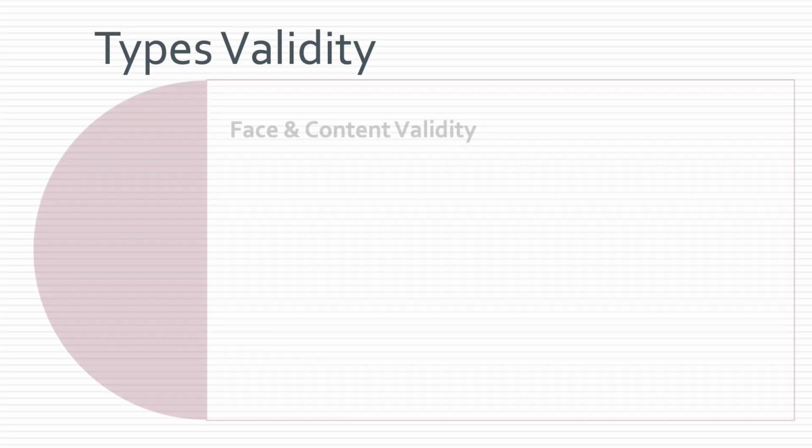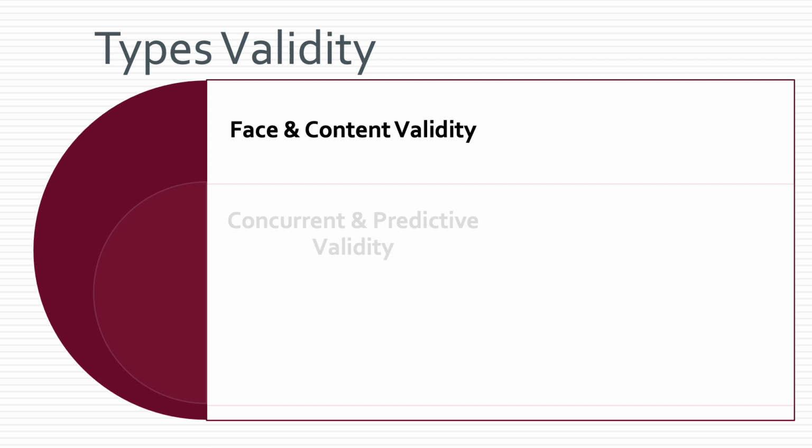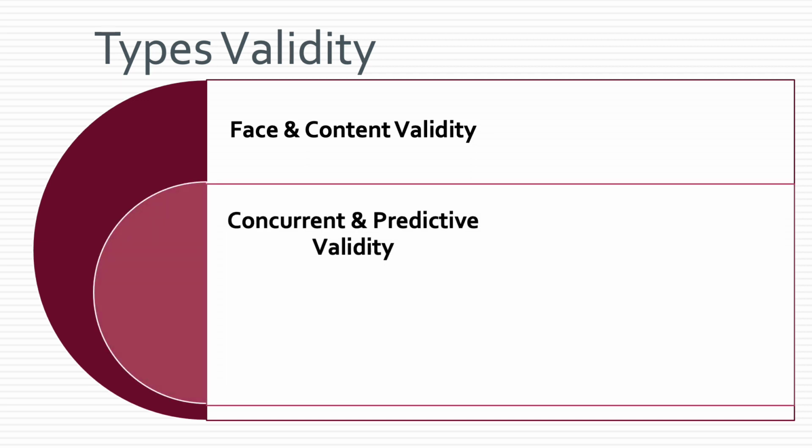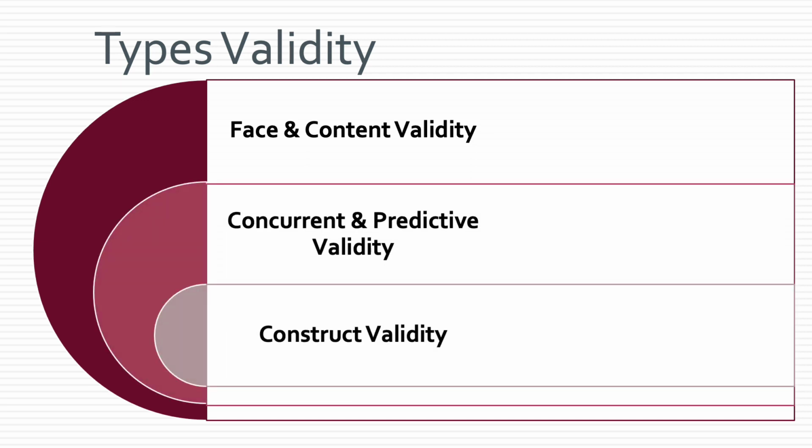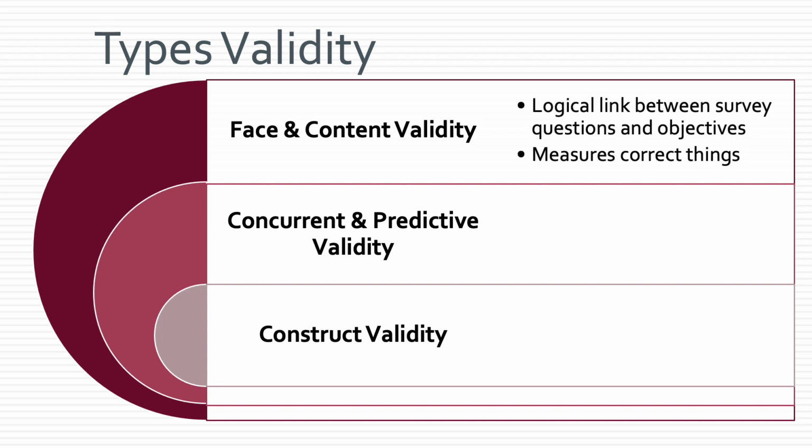Types of validity are face and content validity, concurrent and predictive validity, and construct validity. Face and content validity is sort of the most obvious one. It's that there is a logical link between the survey questions and the research objectives. That survey measures the correct things to answer the research objectives and questions.